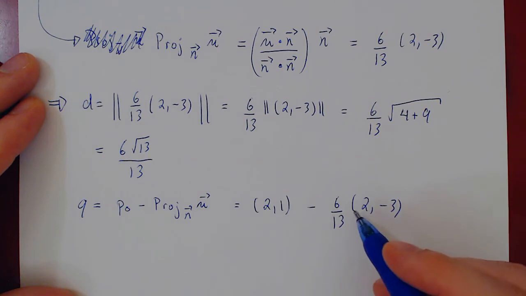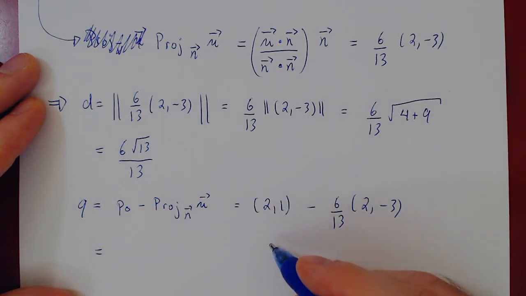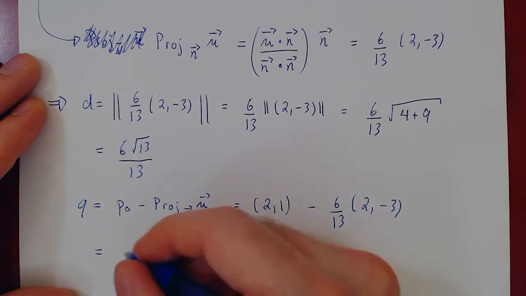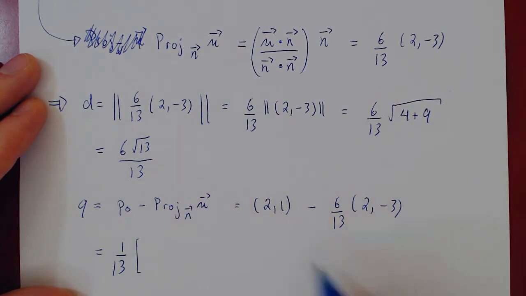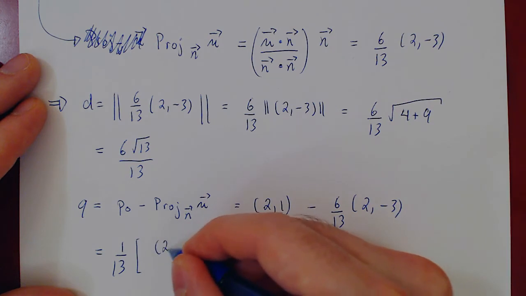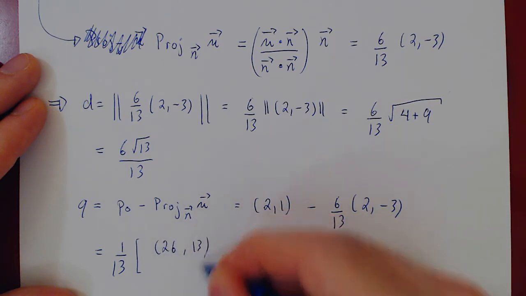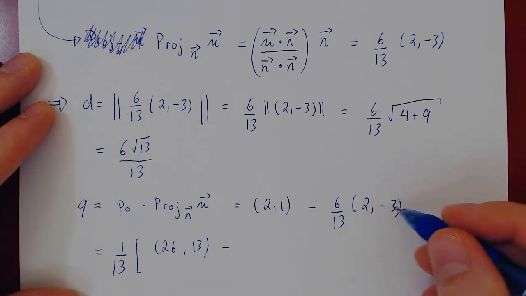If you want to combine these two as a single point, put everything over 13 and factor out the 1 over 13. So here multiply by 13 over 13, so you'll have 13 times 2, 13 times 1, therefore 26, 13, minus the vector 2, negative 3.